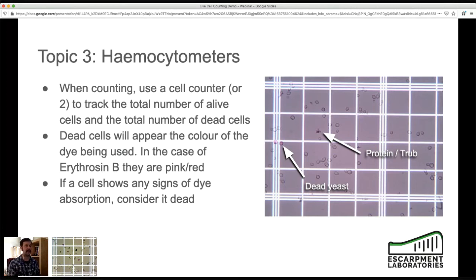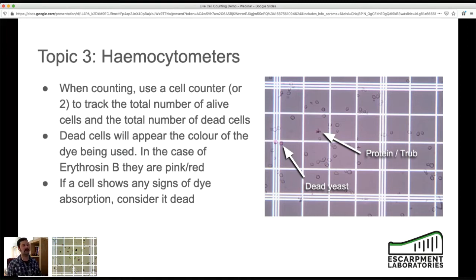Sometimes starch will look like little squares, and trub and stuff like that looks like a bunch of protein all folded in on itself. That will come up, especially if you're bottom cropping, maybe you have trub mixed in there, depending on how things flocked out. And then you'll use your counters to keep track.